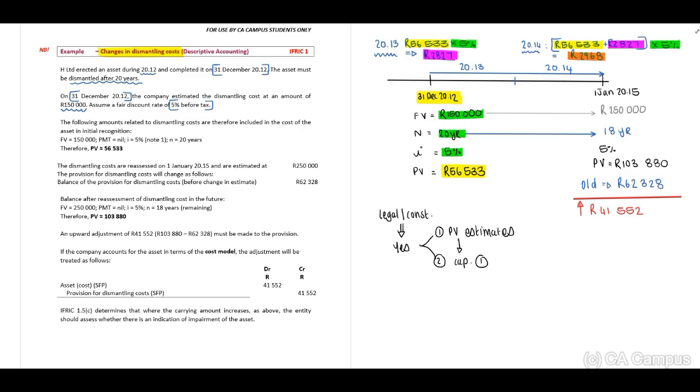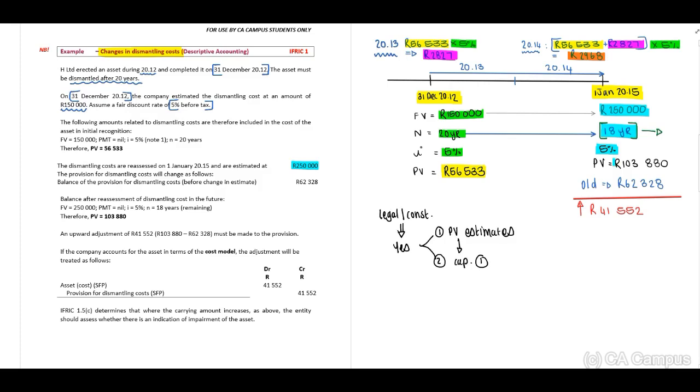Now they indicate to us on 1 January 20.12, the dismantling costs were reassessed, and this will now be 250,000 at the end of the useful life. Therefore, guys, are you with me? If we now identify that the remaining useful life will now be 18 years, we need to determine what is the present value of our 250,000 if we discount this using 18 years and our 5%.